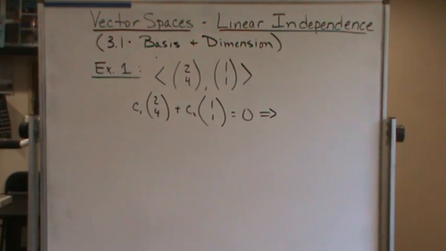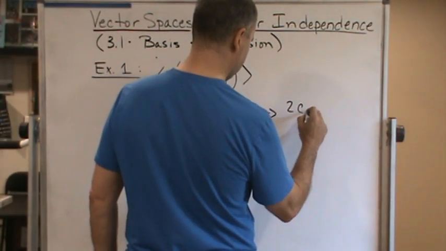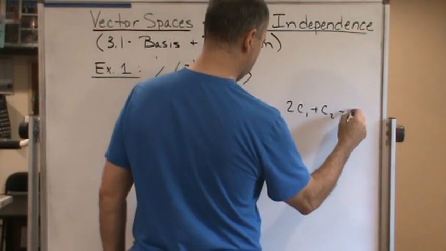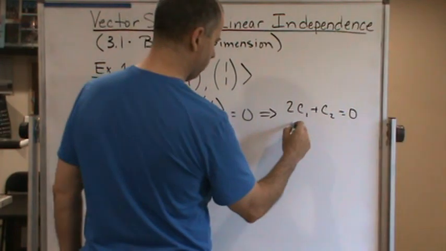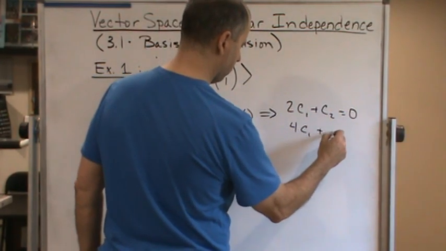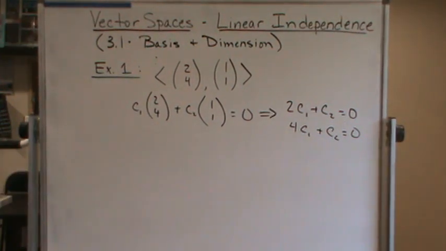And so what do we get? We get 2C1 plus C2, and here we get 4C1 plus C2.